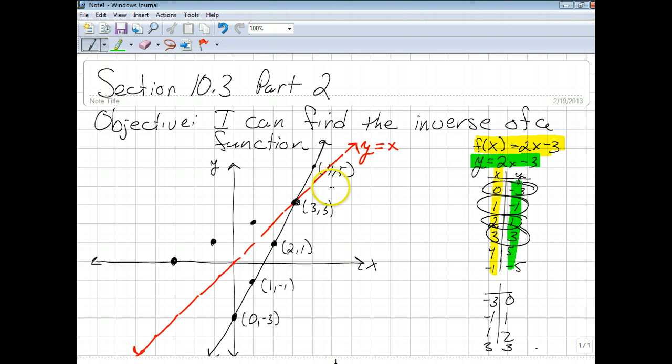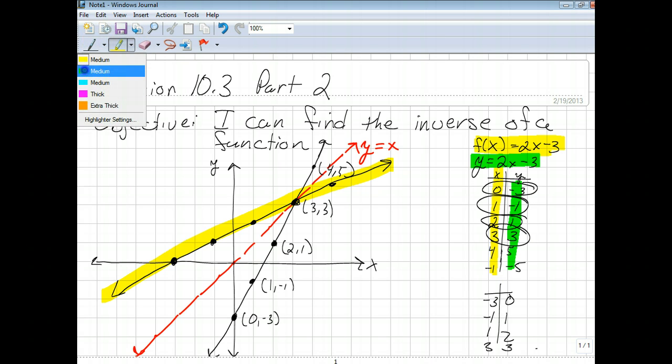And I get this line. Notice that this line is the reflection of my function across the red line. If the red line was a mirror, then I have the mirror image.